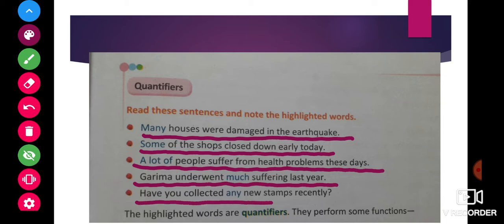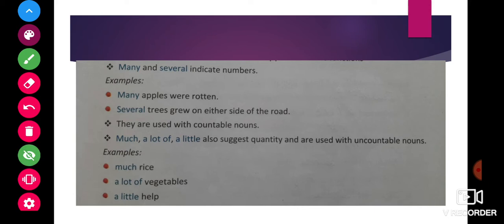Have you collected any new stamps recently? So these highlighted words like many, some, a lot of, much, any are called quantifiers. They perform some functions. Let us see what their functions are.